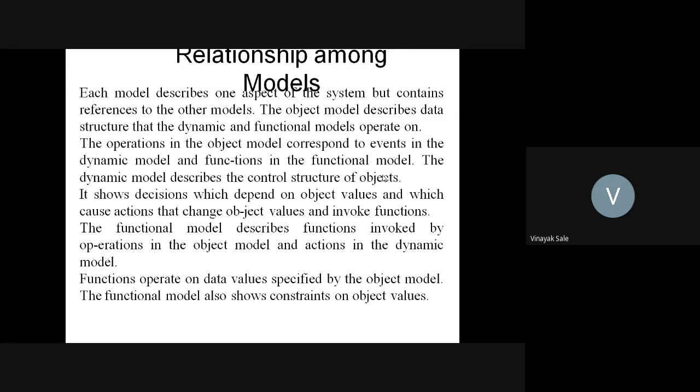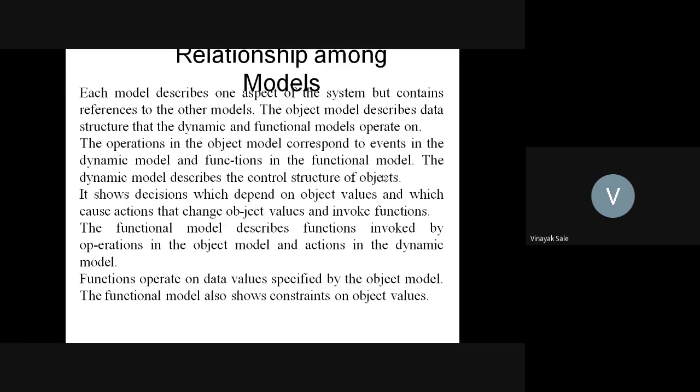Operations in the object model correspond to events in the dynamic model and functions in the functional model. The dynamic model describes the control structure of objects. It shows decisions which depend on object values and which cause actions that change object values and invoke functions.